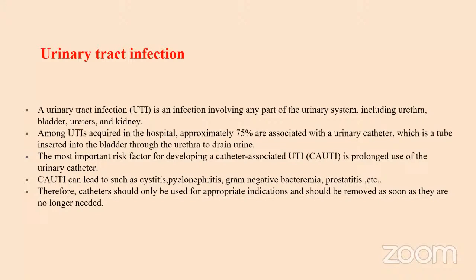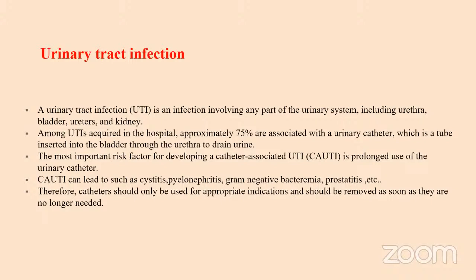The most important risk factor for developing a catheter associated urinary tract infection is prolonged use of the urinary catheter. When a patient has bladder weakness, nerve damage, or is paralyzed, he or she may have to use this urinary catheter for a long period of time. Because of this, the patient may develop catheter associated urinary tract infection.